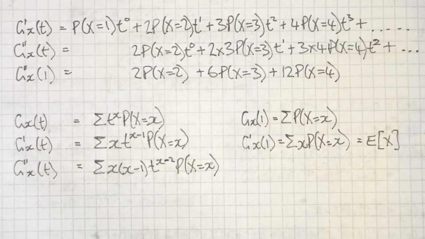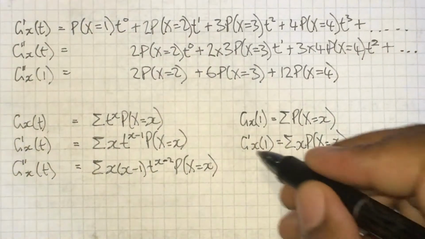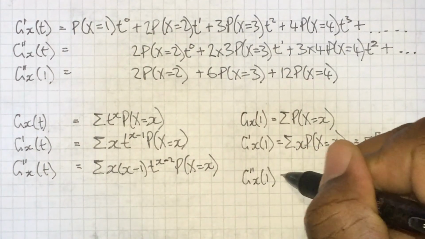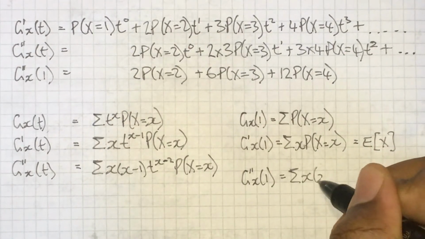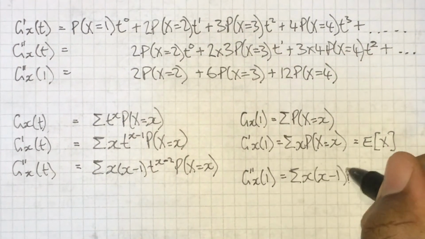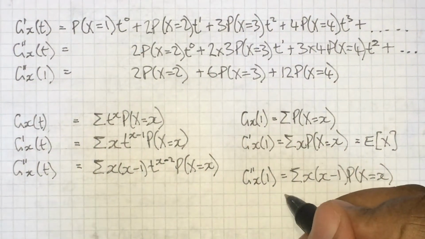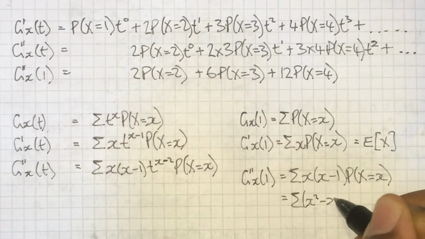What will happen for the second derivative? If we substitute 1, we do eliminate the t term, but what do we leave in its place? We get the sum of x multiplied by x minus 1 multiplied by the associated probability. You might recognize it from this point, but I'm going to go ahead and expand.